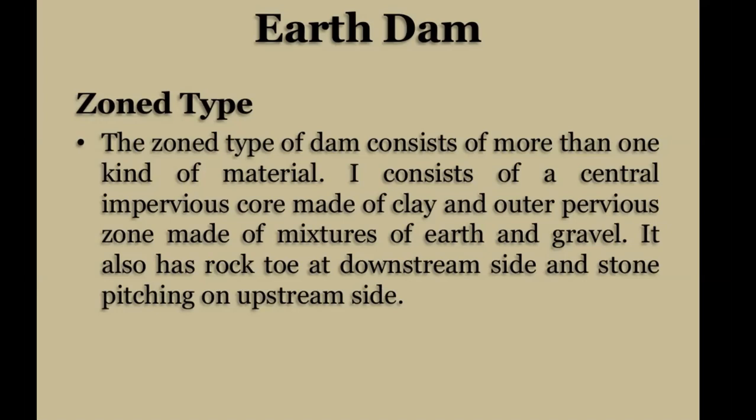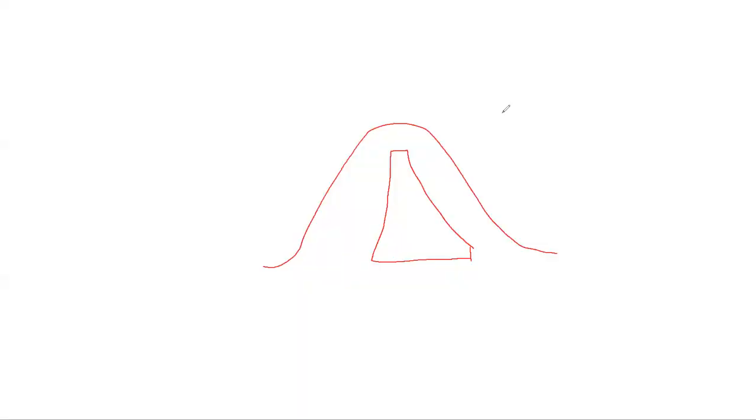Suppose this is our earthen dam. The structure is not exactly like this generally, but to make your understanding better, suppose this is your dam. This is our core, which is impervious, means this structure does not allow water to flow through it.